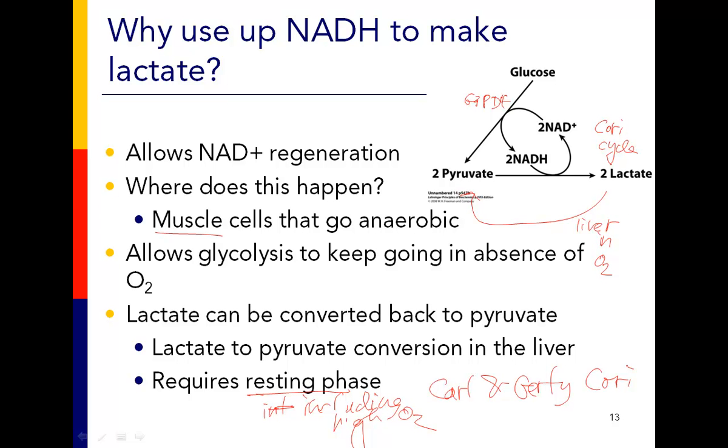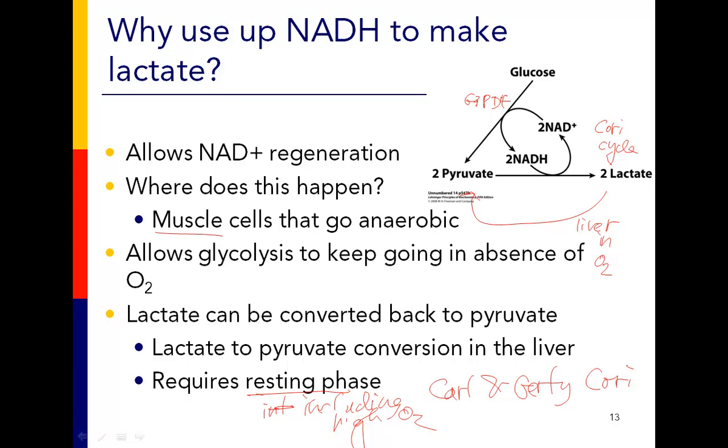Is the point of the Cori cycle to reconvert this catalyst so that it can be used again? It's not really, the catalyst is the enzyme, so there's always plenty of the enzyme there. The purpose is, now that you have high oxygen levels, we're going to see the next step where pyruvate goes.